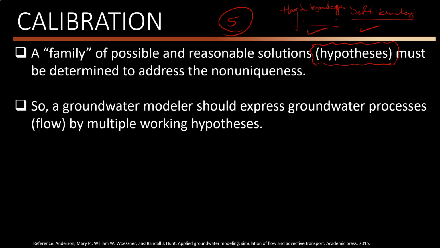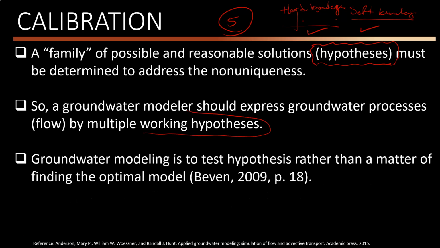Then, a groundwater modeler should technically express the groundwater processes, which are the groundwater flow information, the velocity, direction, by multiple working hypotheses. The main objective of groundwater modeling is to test hypotheses rather than a matter of finding the optimal model.